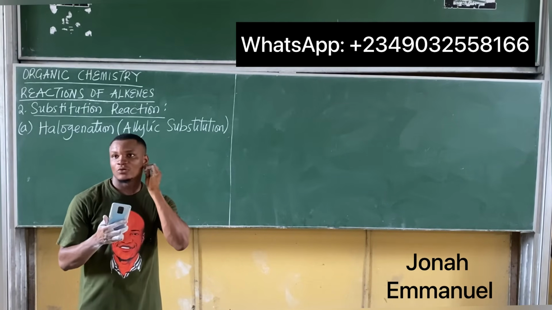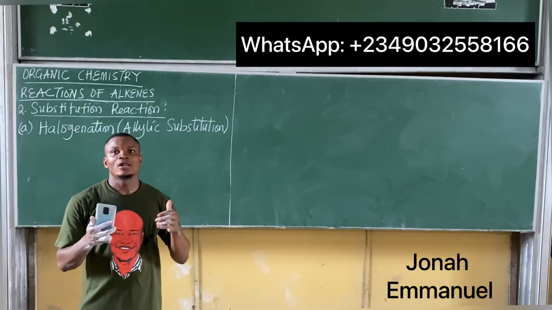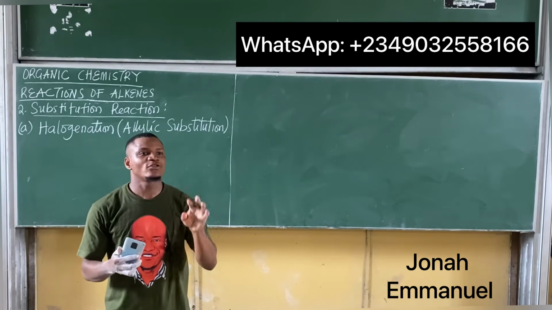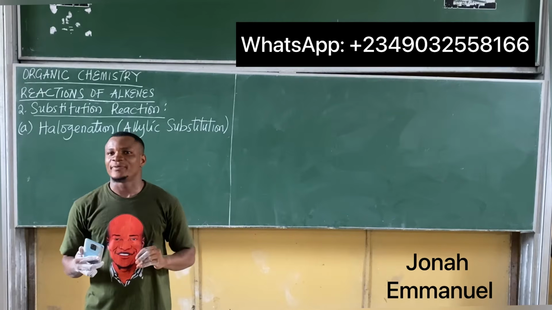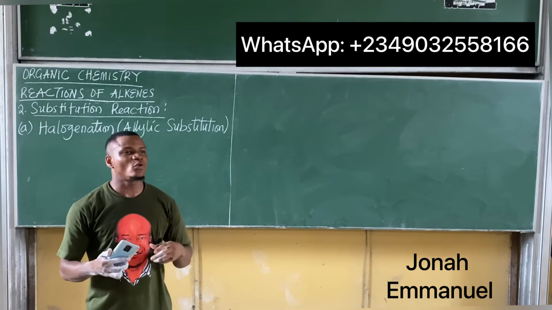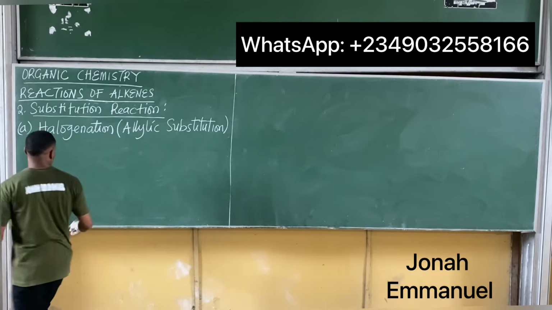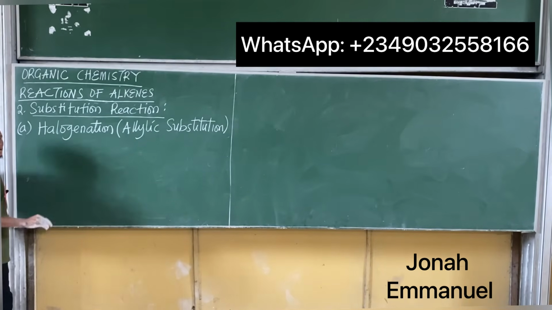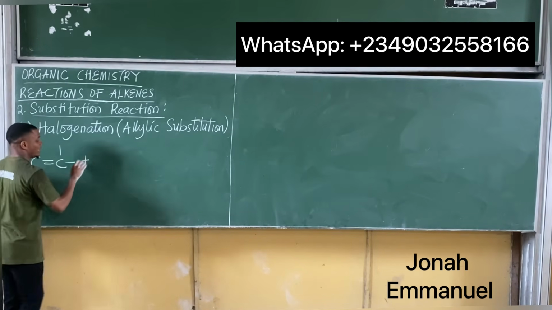So let me give you a hint. Look at that and try to figure out what the general equation will look like. You have 2 minutes, please, for time's sake. Alkene, this 1, 2, 3, 4, plus what there?